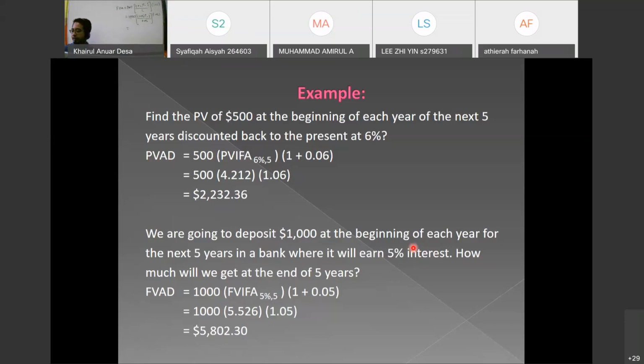So, boleh dapat jawapannya di sini? Berapa jawapannya? Boleh dapat?